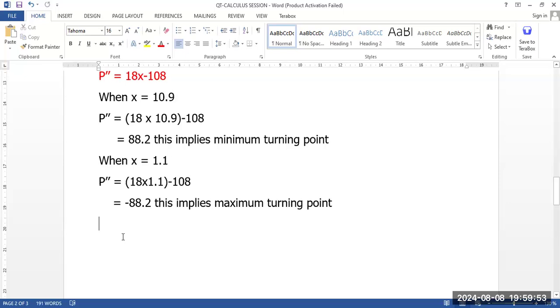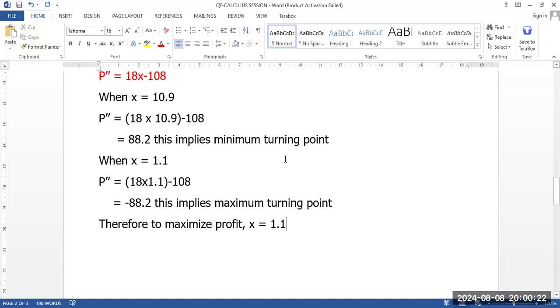So in conclusion, to maximize profit, your x will be equal to 1.1.